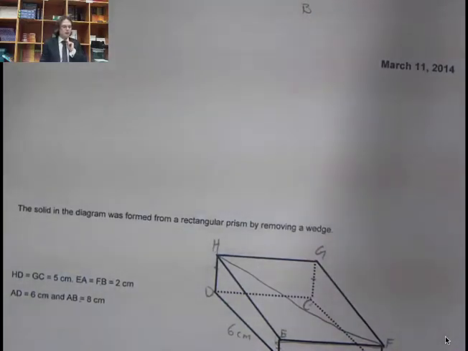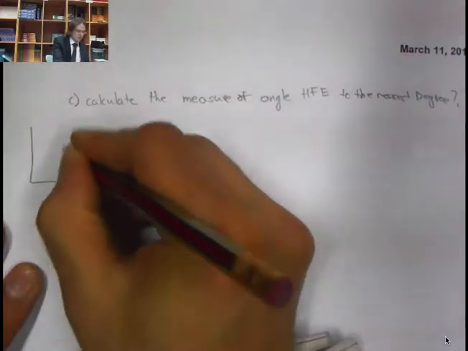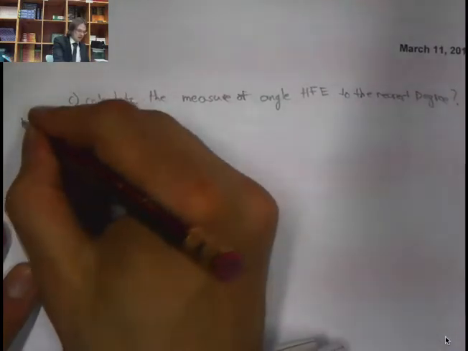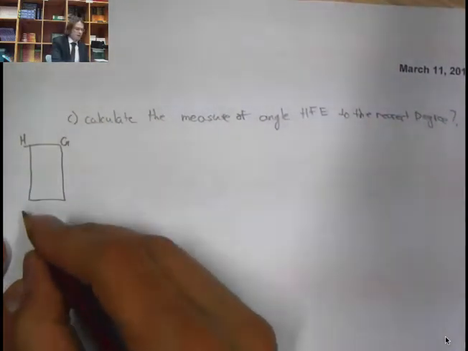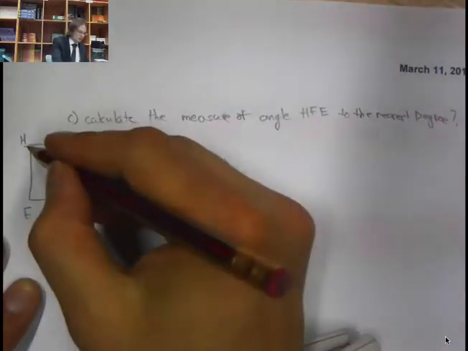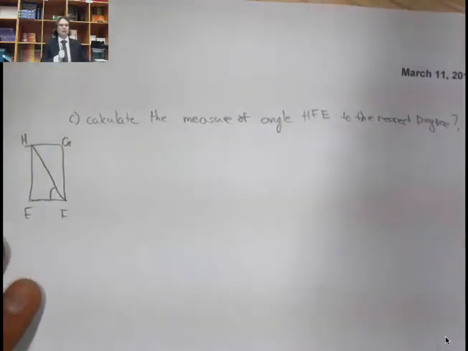Okay? Now looking at this, let's draw that out. Okay, so it goes H, G, and we're going to end up having E and F. Okay? I want to find HFE, so I want to find that angle there.